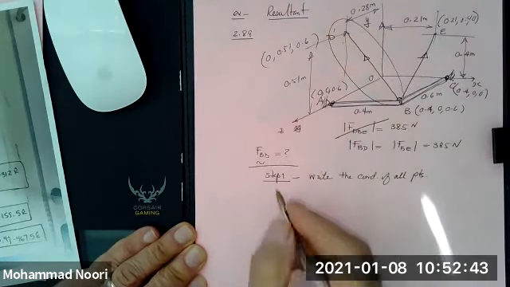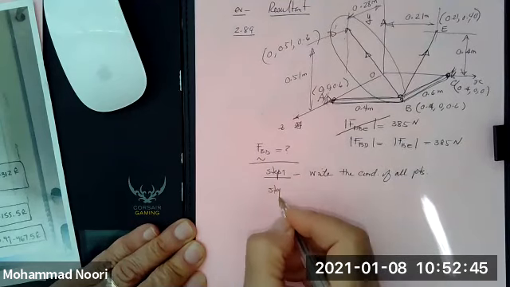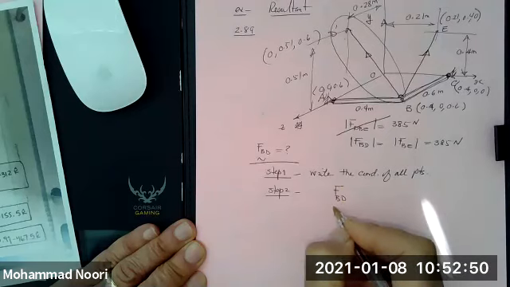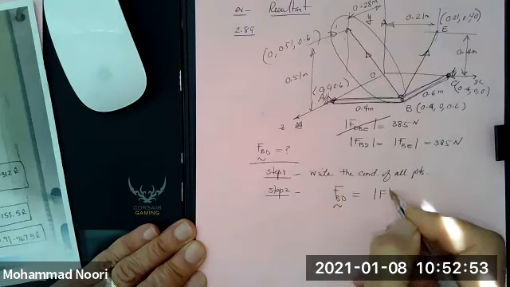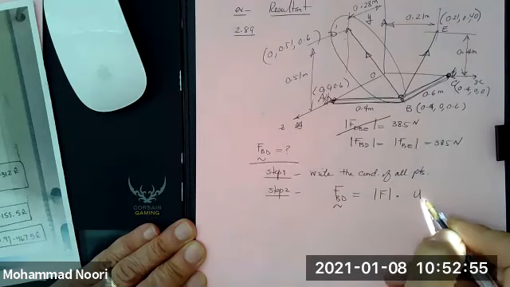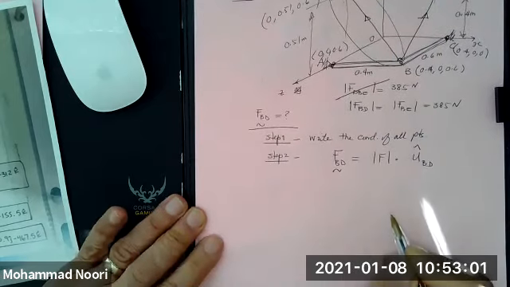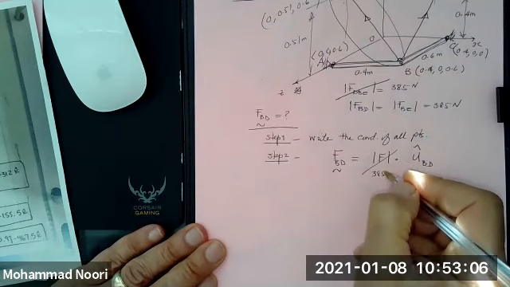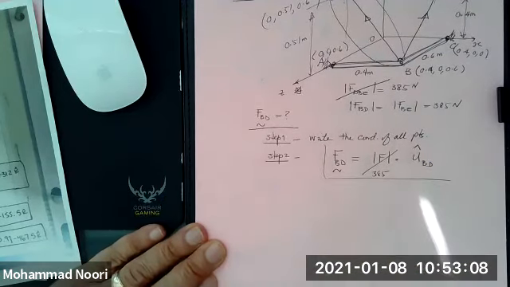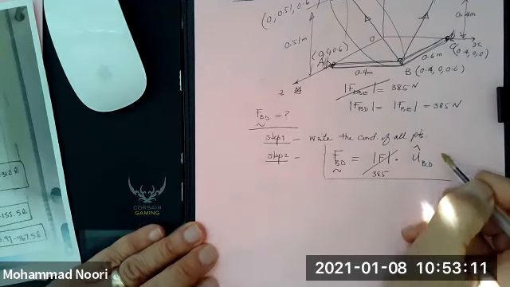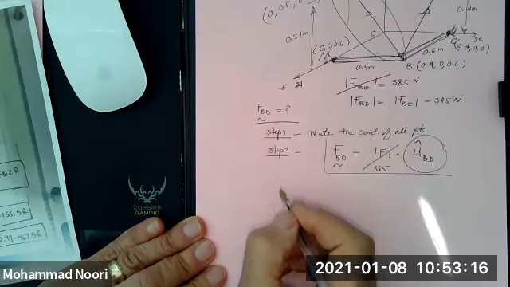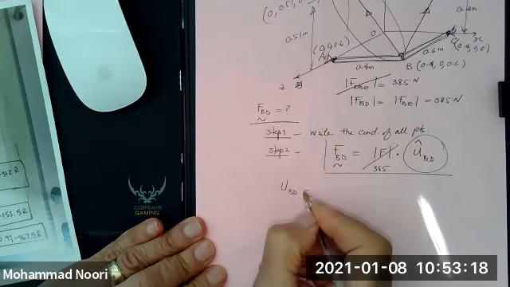Okay. Once you set that up, step two is to write the vector equation for BD. This is the magnitude of the force times the unit vector along BD. We have been given the magnitude of the force, and all we want to do is write the vector equation for the force. How do you do that? You need to set up the vector equation for UBD. And UBD would be what?